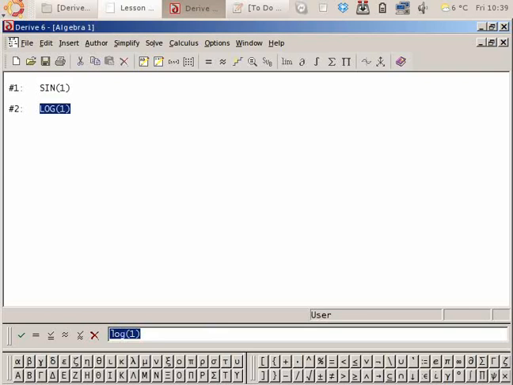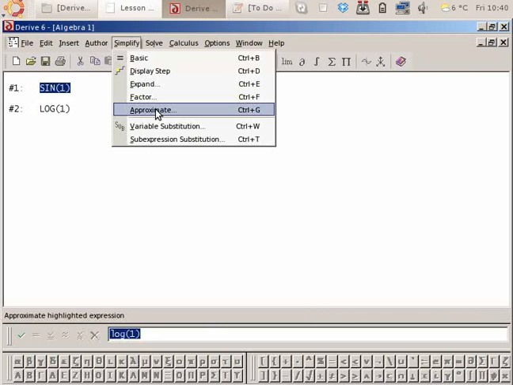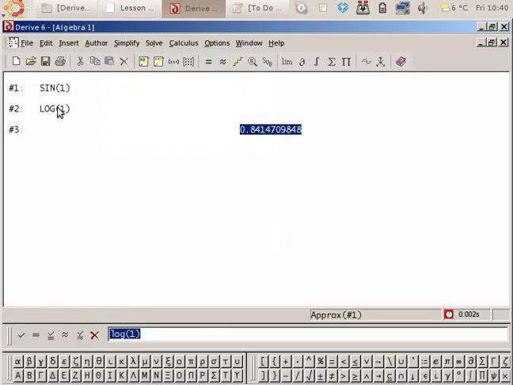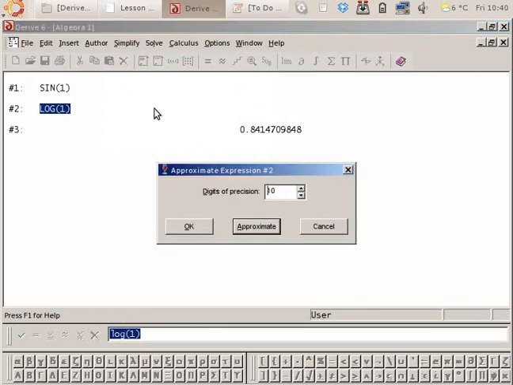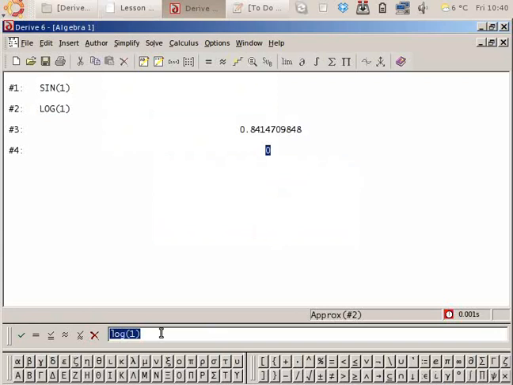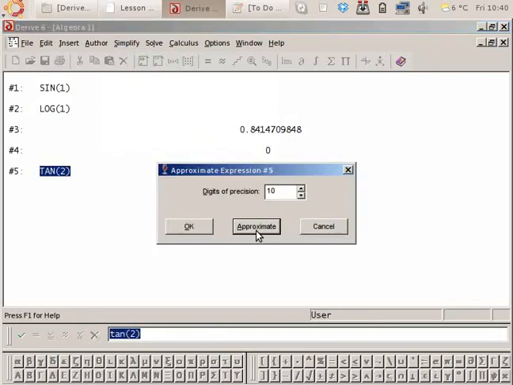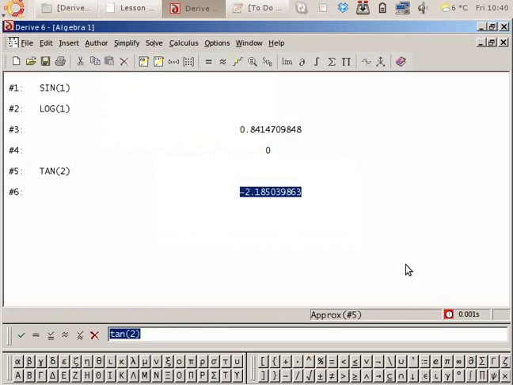If you want Derive to calculate it, you can do simplify, approximate to get it as a decimal, because we know log of 1 is 0. Tan of 2, simplify, approximate. So it's quite easy to get a function in Derive. You just have to type it. Sine, cos, tan, log.